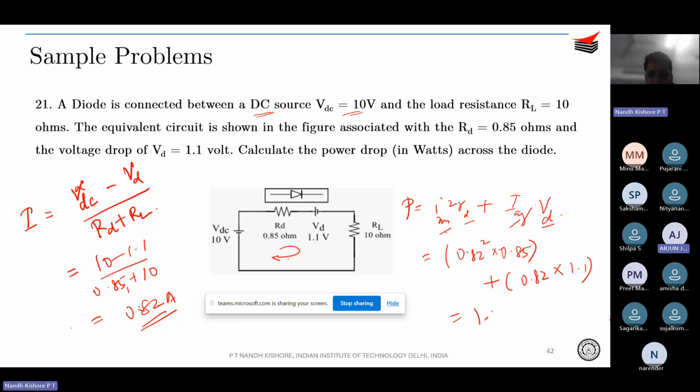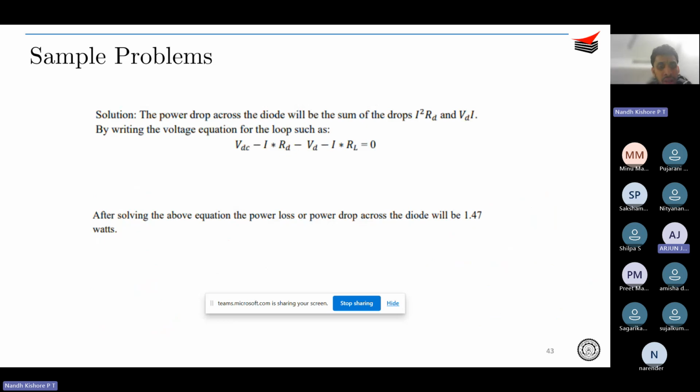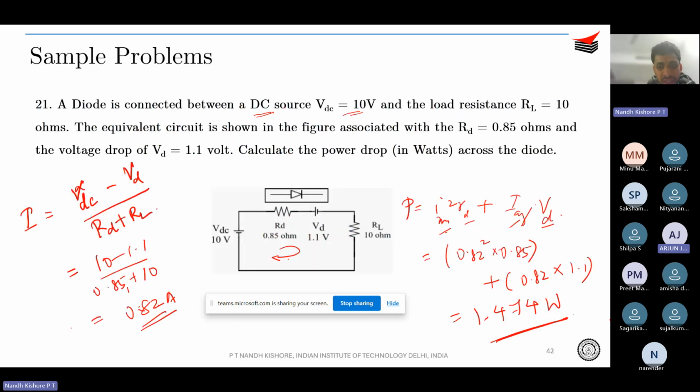So around 1.474 watt. Simple question. So it's 1.47 watt. We'll go ahead with the next question if you don't have any doubt.